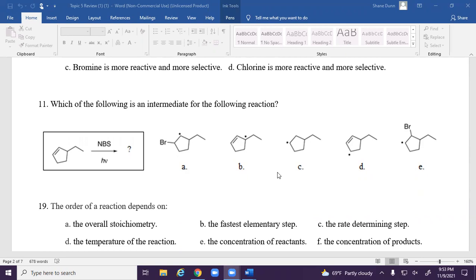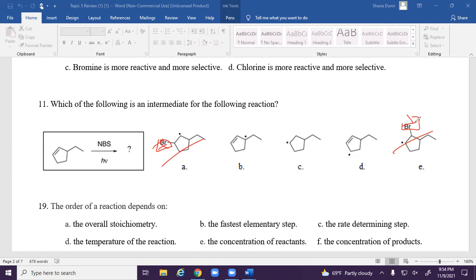It will pull off a hydrogen to form a radical. So looking at these guys, we can eliminate A and E because we do not add bromine. Now, B, C, and D are our choices.